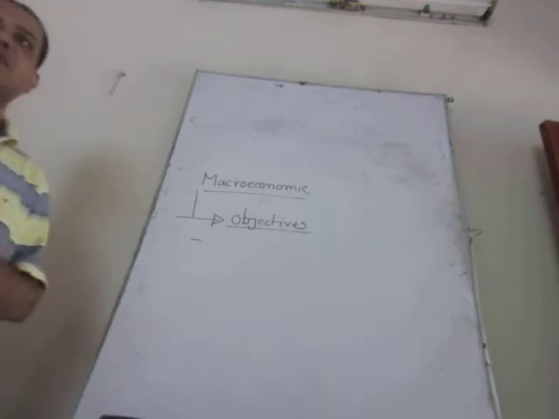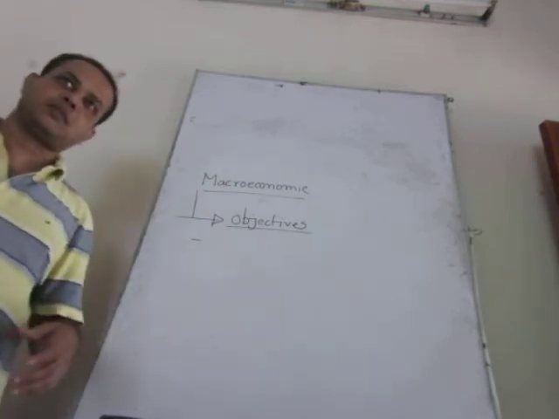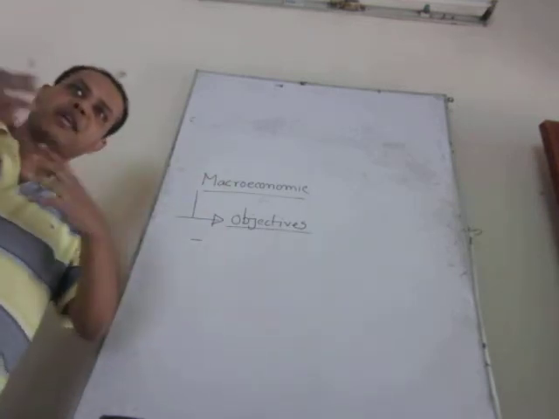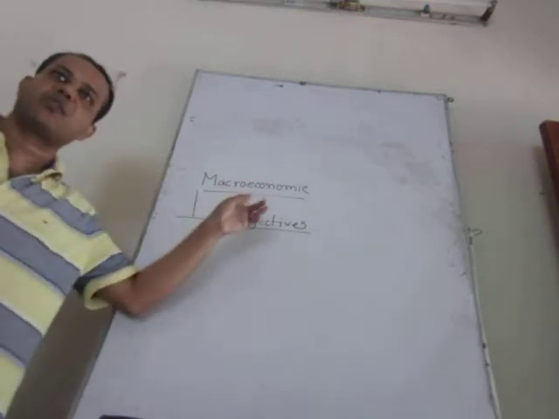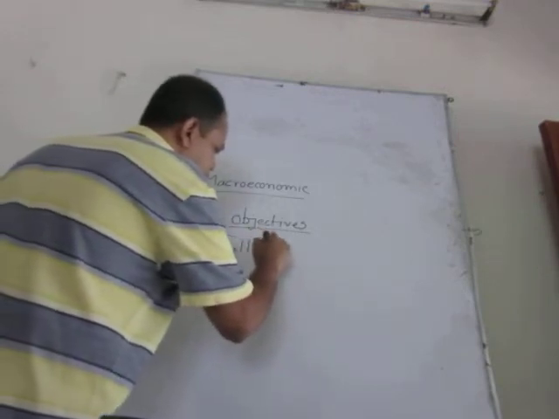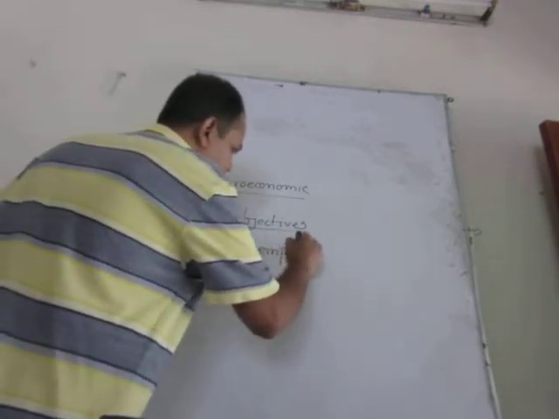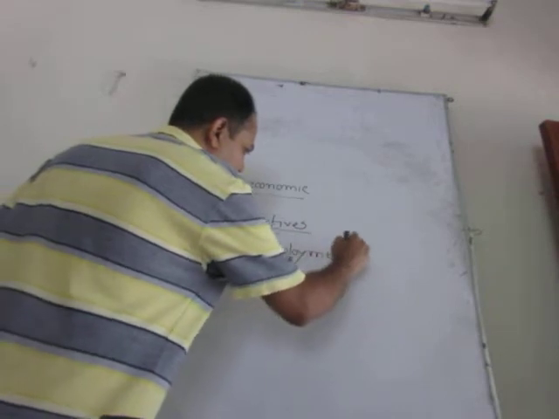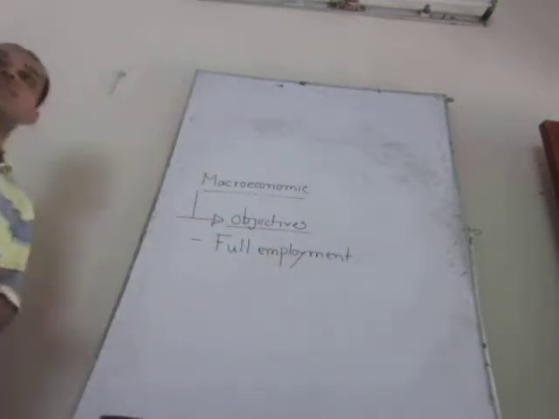Why government have to deal with macroeconomics? So why government need to make different kinds of policies regarding macroeconomics? The objective is first, that is full employment. First of all, full employment.